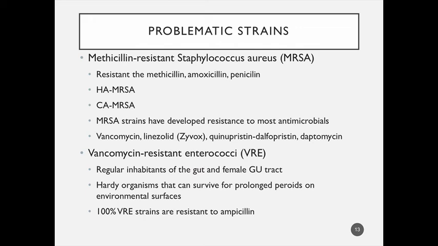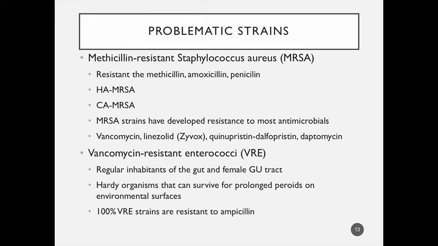So MRSA strains are resistant to methicillin, amoxicillin, and penicillin. There's hospital-acquired, that's what that HA stands for, or community-acquired MRSA. The hospital-acquired MRSA tends to be more resistant than the community-acquired MRSA.